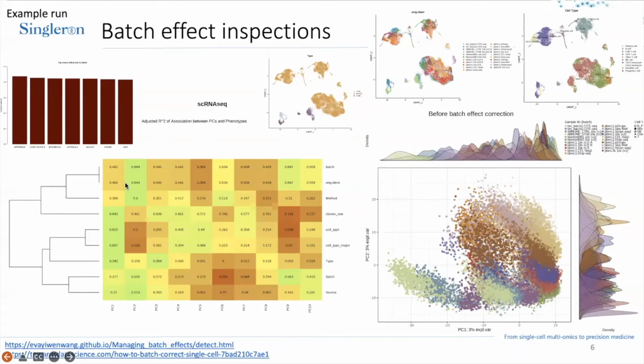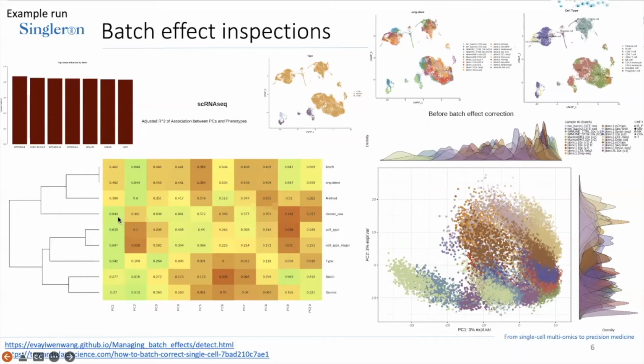And when we look at the PC regression, the R square association between the PCs and the different phenotypes, these two rows show the proportion of variation explained by the cell types. The proportion of variance explained by the cell types from the original data for the first PC is not low. It is still okay, about 0.6.